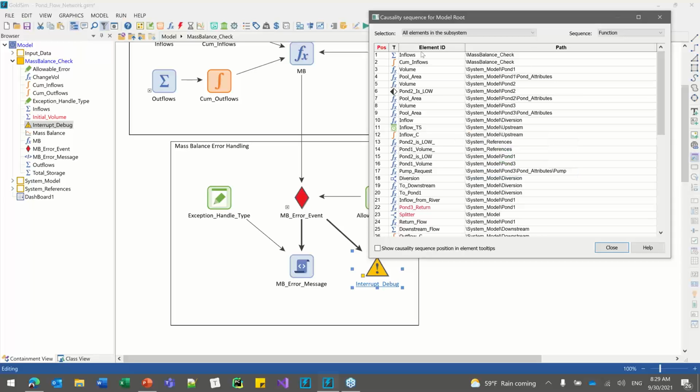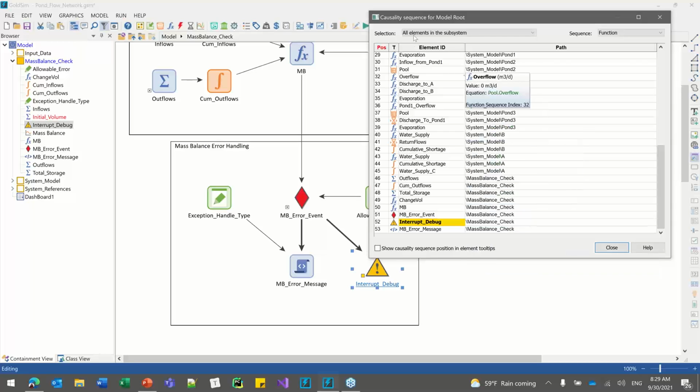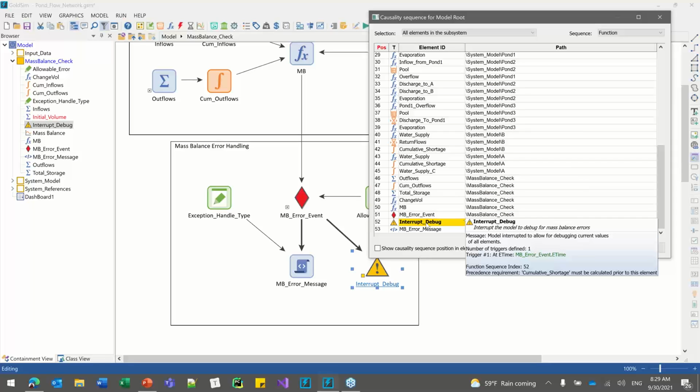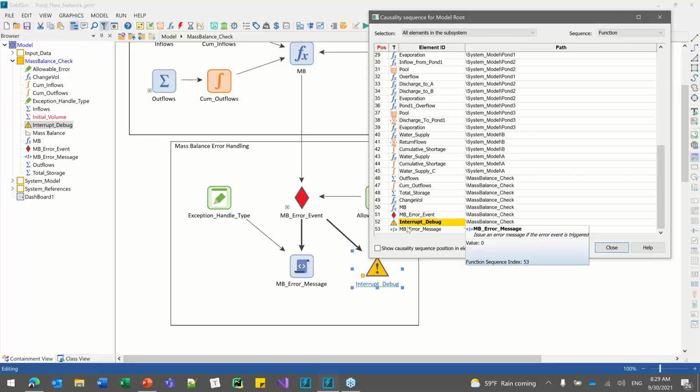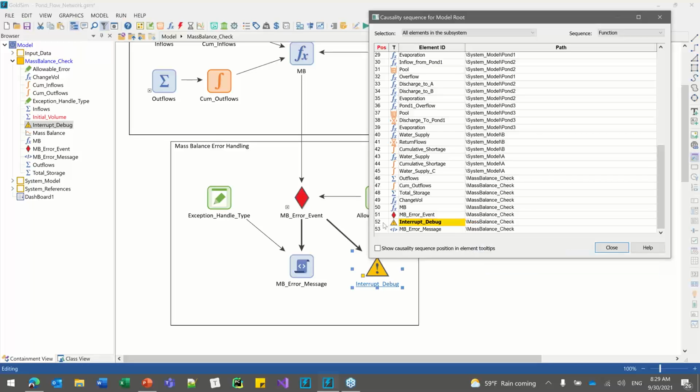So at time 0, these calculations are done in this order. Next time step, all in this order. And if it turns out your interrupt is not near the end, if it's not after these other elements, then when it interrupts at exactly that moment in time, the following elements that have higher numbers than 52 in this list will still be referencing the value from the previous update.